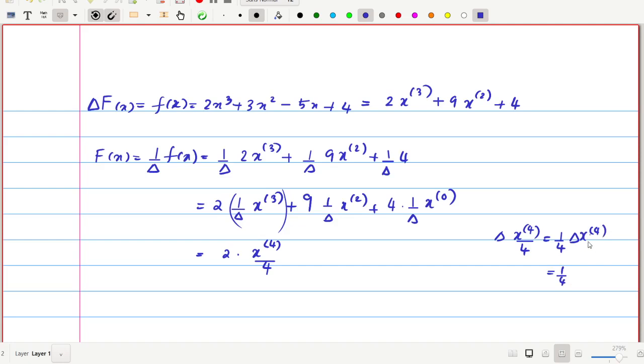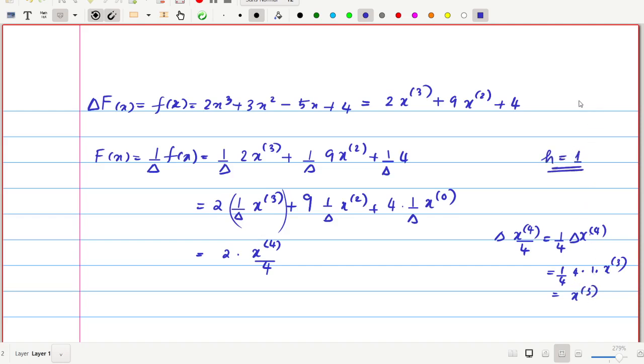What is delta of x^(4)? This is going to be 4 times 1 times x^(3). So that is going to be x^(3). Here we have taken h equal to 1.